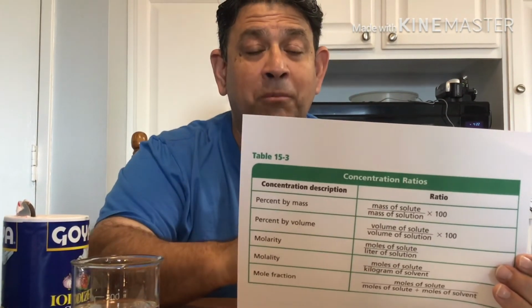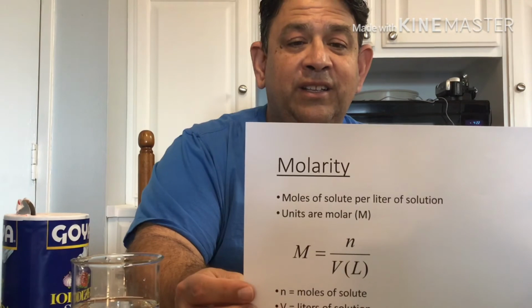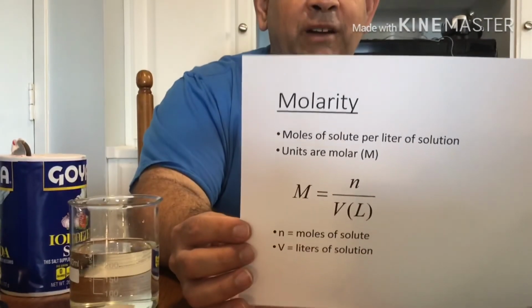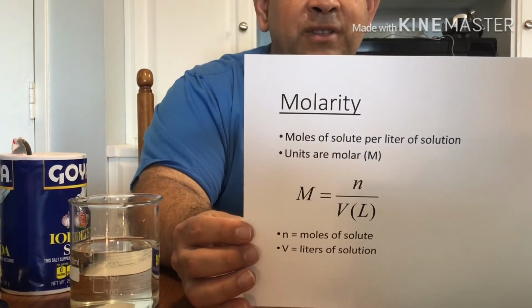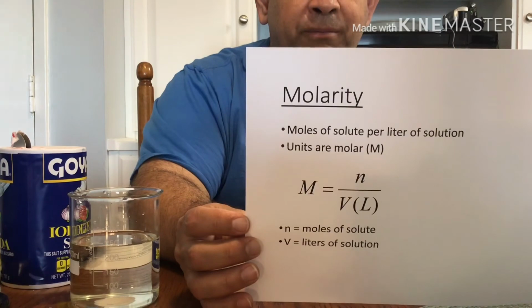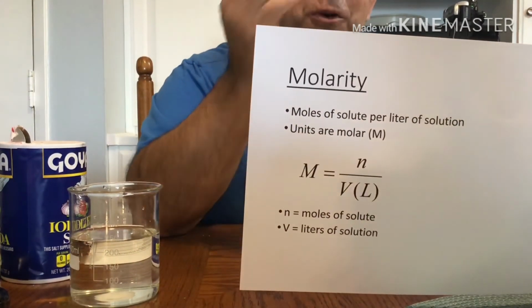This one tells us moles. In the rest of this video, we're going to use this equation to calculate what's called the molarity. The molarity of a solution is how many moles there are of your solute for every liter of solution. Our units are molar, like a molar tooth.